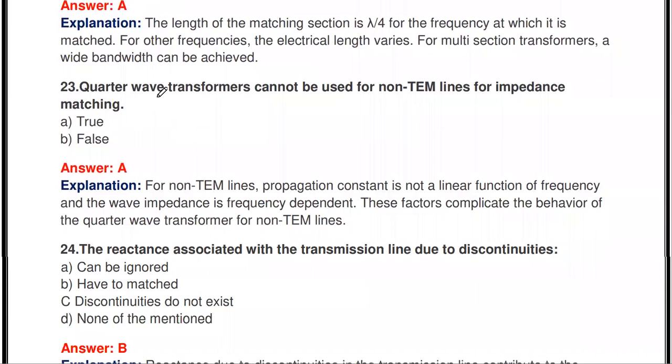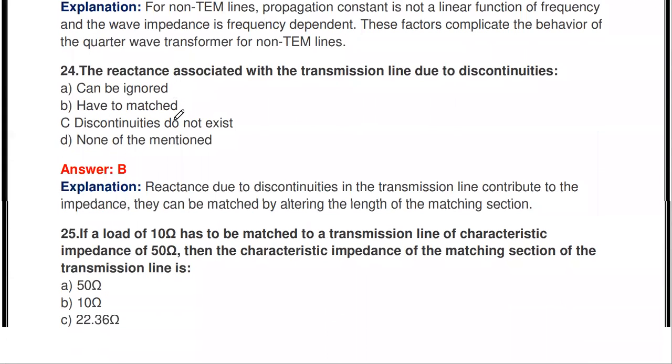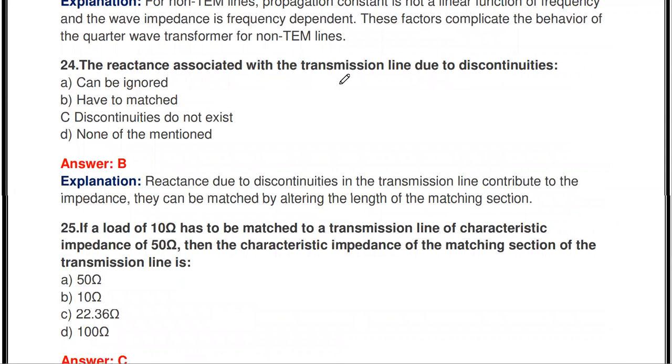The next one: quarter wave transformer cannot be used for non-TEM line for impedance matching. It's true. Then the reactance associated with the transmission line due to discontinuities has to be matched.